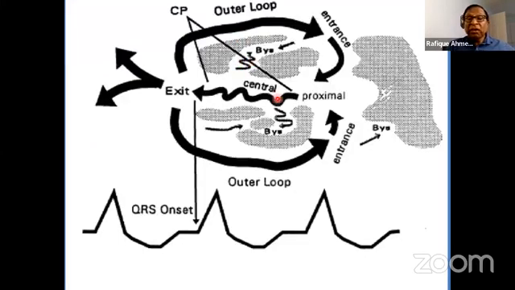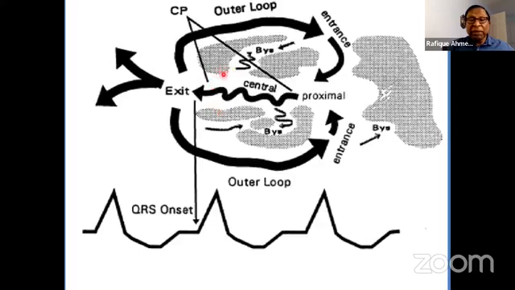And what antiarrhythmic drugs do is that we give them an antiarrhythmic drug and they make this pathway so slow that the electricity cannot conduct anymore. And that's how you prevent it from happening. Or if I have drug-refractory arrhythmia, we can do an electrophysiology study, find this place where there is a common pathway, probably over here.